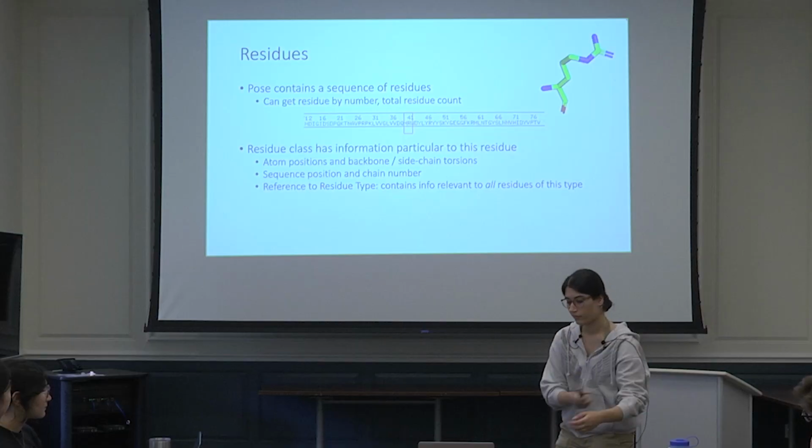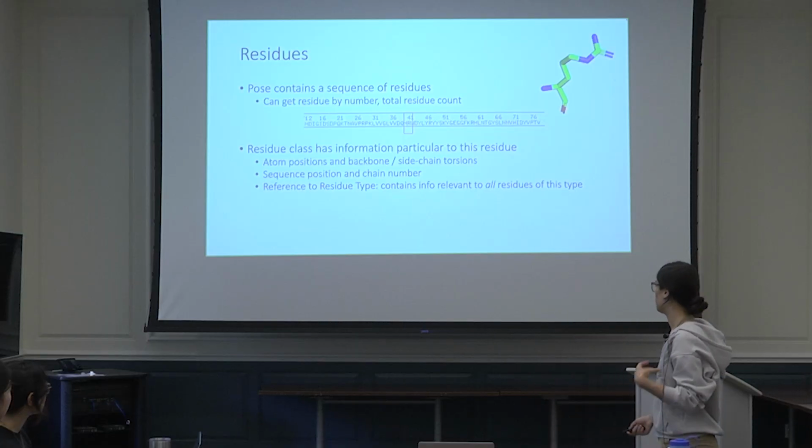Okay, so in antibodies, essentially you have the heavy chain and the light chain. So there are two different chains coming together to make an antibody. And so in order for us to calculate things, we need to be able to keep track of chain breaks.